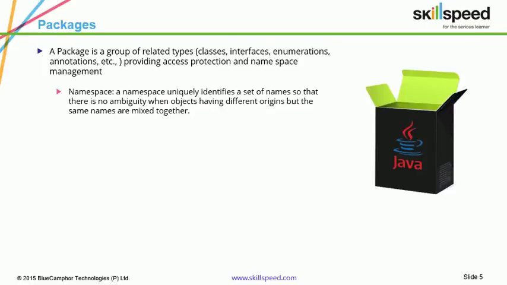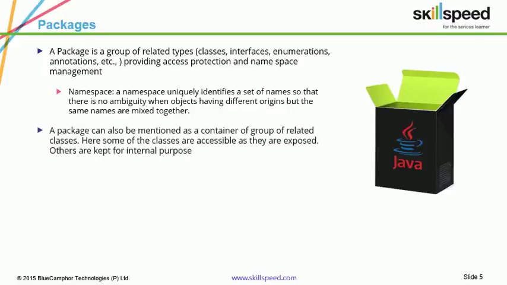Instead, if you differentiate them with their last names or surnames, it will be clear that they belong to different families or they are two different people. Similarly, namespace will make things differently identified, removing the ambiguity. And packages provide an option for namespace management in an overview.